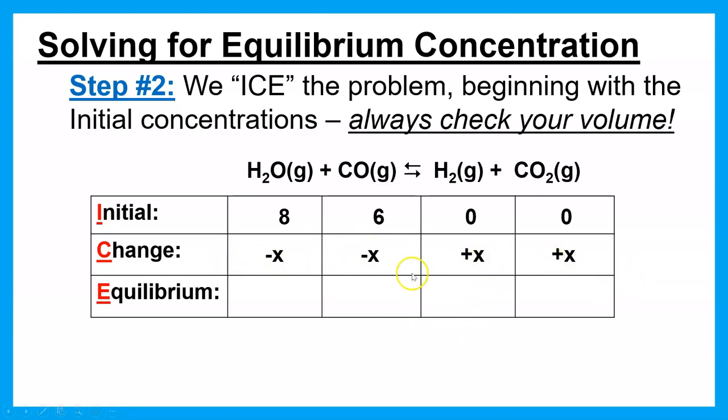At equilibrium, we would have started with 8 and we've lost x. We started with 6, we've lost x. x and x, 0 plus x.